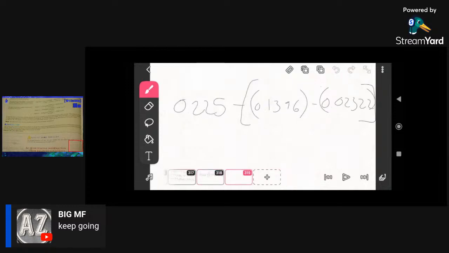And that's going to equal 0.06218 grams of oxygen.